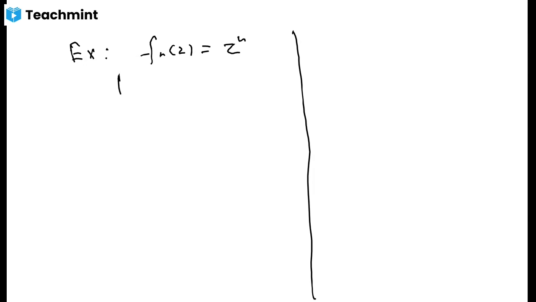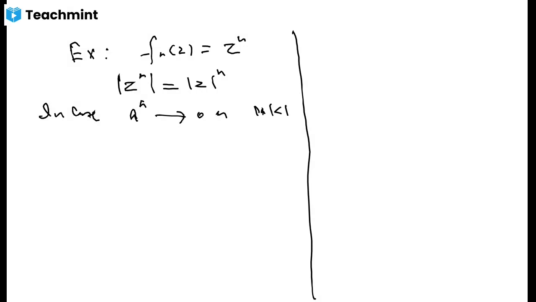This is a pointwise convergent sequence. I can write it as mod z to the power n. Since mod z is a real number, in case of real sequences, a to the power n goes to 0 if mod of a is less than 1.